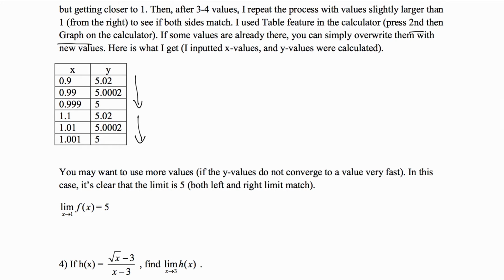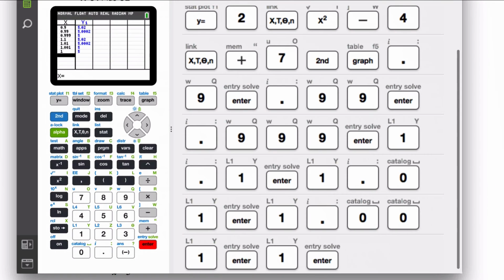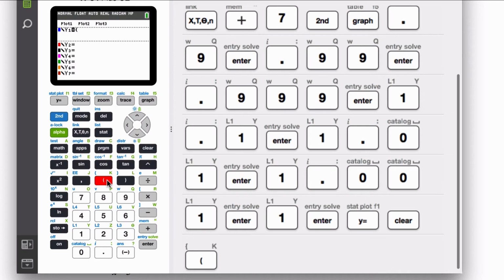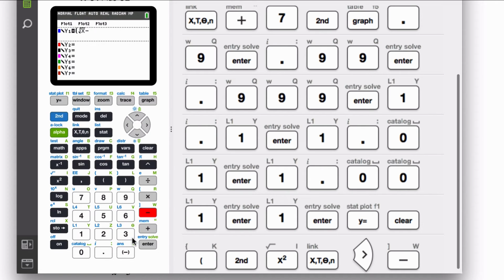Okay? It's a little bit more complicated. So what you want to do, go to y equals, clear out your previous function. You want to put parentheses, unless you know how to do fractions on your calculator. Then you do second radical, x, make sure to get out of the radical, minus 3.